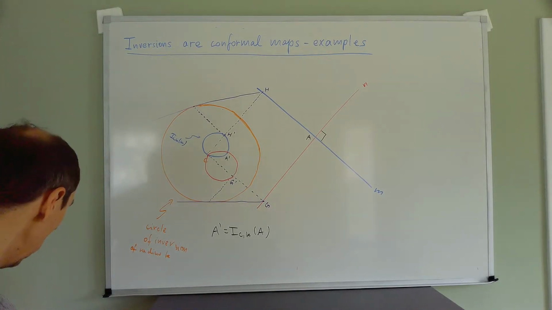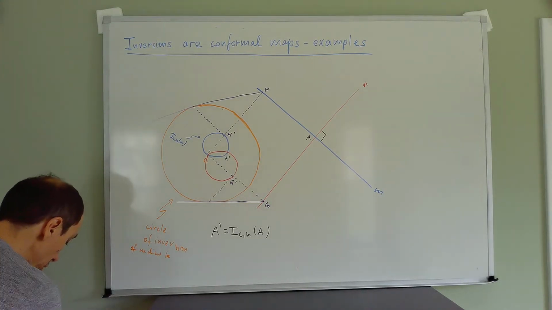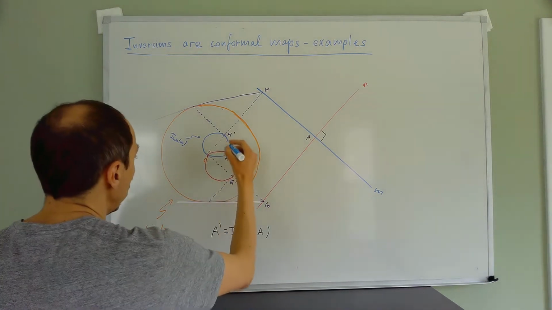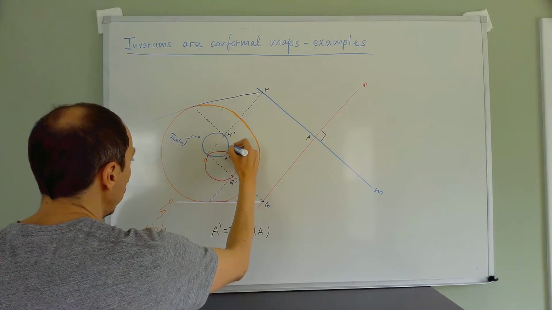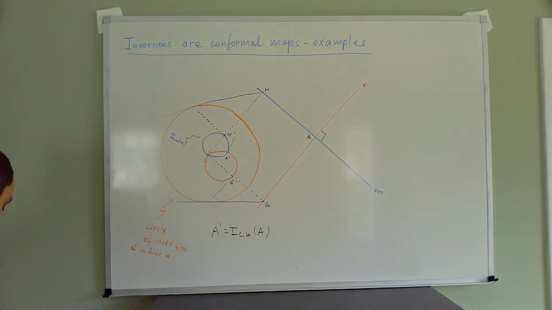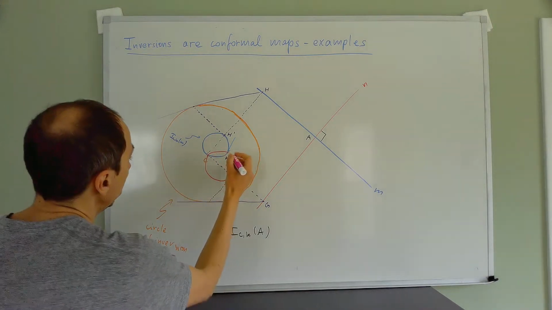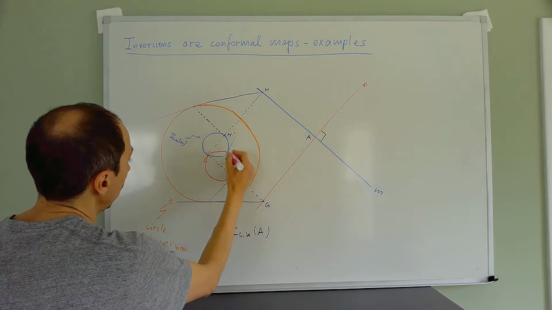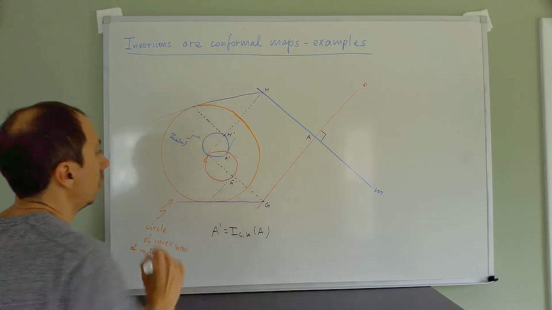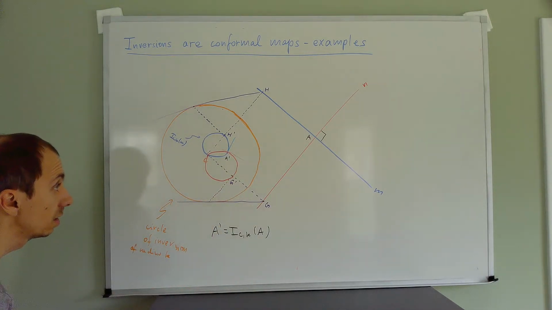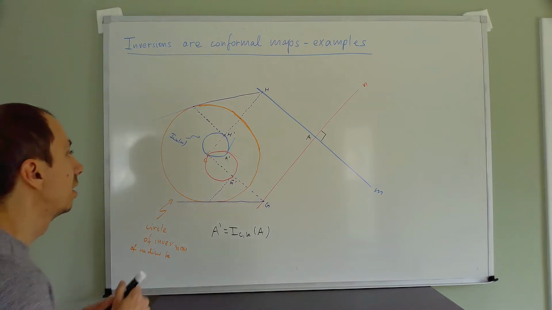So I need to draw tangent lines. I'm really running out of colors here. But here's the tangent line to the blue circle. Okay, and the pink color will be the tangent line to the red circle. And what's the angle between them? Yes, 90 degrees. The angle is 90 degrees.